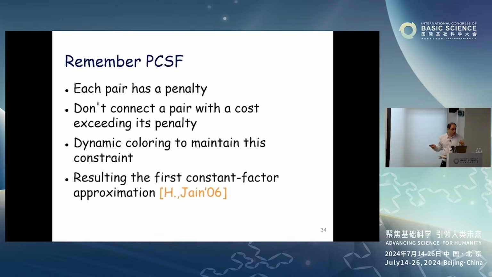Price collecting Steiner. What's the price collecting Steiner? You don't want to connect everything, so we say to do that, just grow everything, and maybe arbitrarily say that this is some kind of cost.